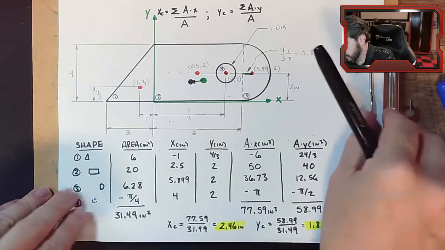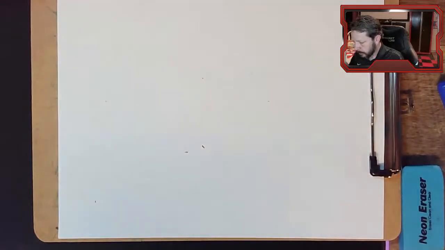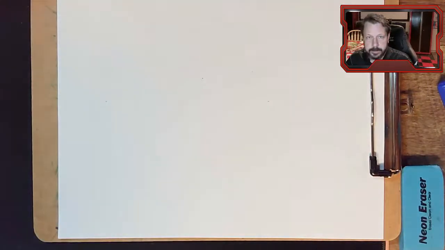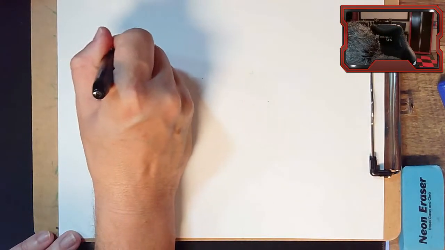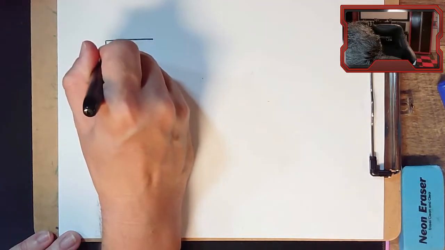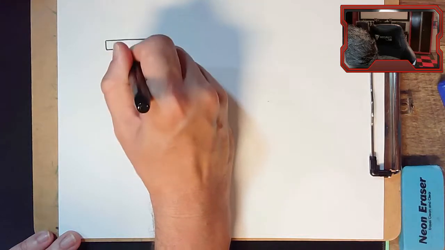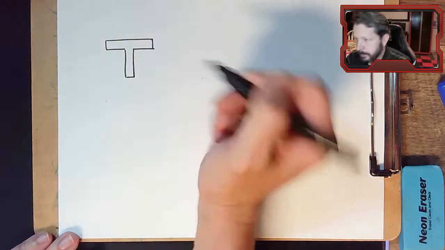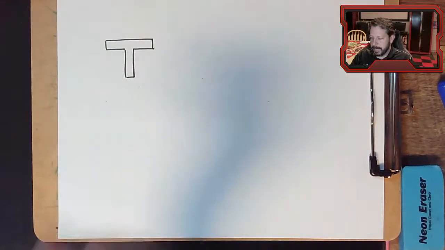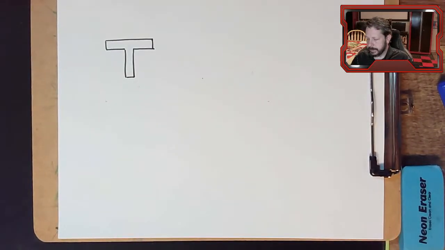Sometimes you might have a composite shape like this. Let's think about that T that we had before, and we built something like that. Maybe we handmade it, I don't know. But this is a beam now.